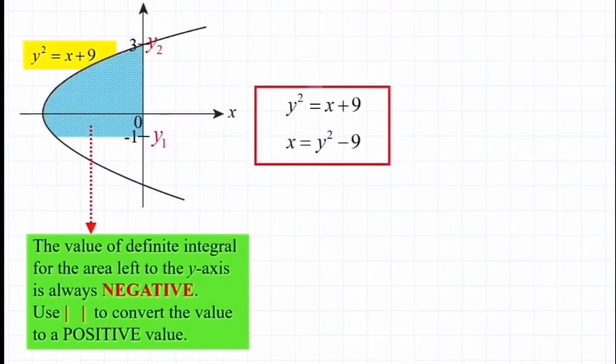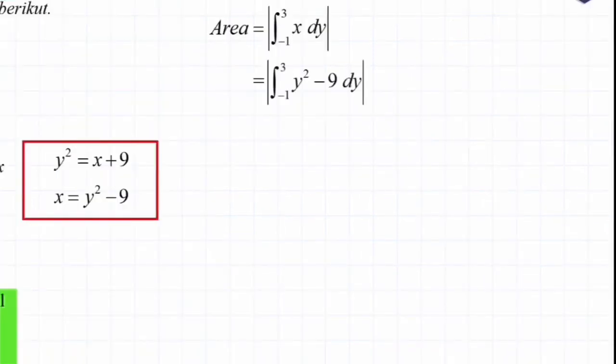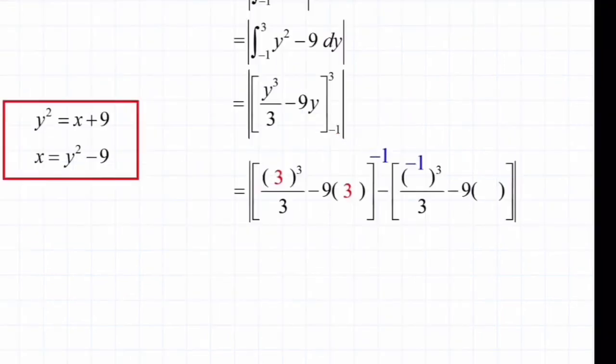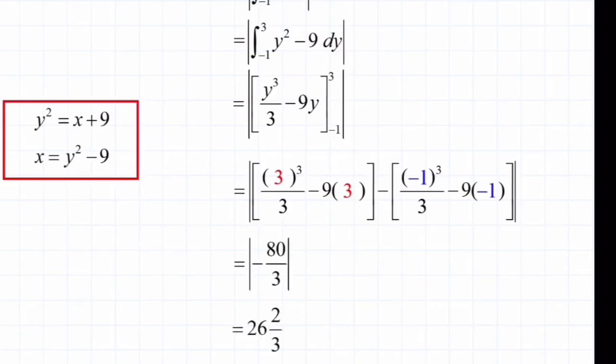Okay, so first of all you have to express x in terms of y because it's bounded by the y-axis, and our formula will be x dy. So integrate from -1 to 3, x dy. So we substitute x in terms of y, and we will integrate and substitute the upper limit minus the lower limit. Upper limit is 3, lower is -1.